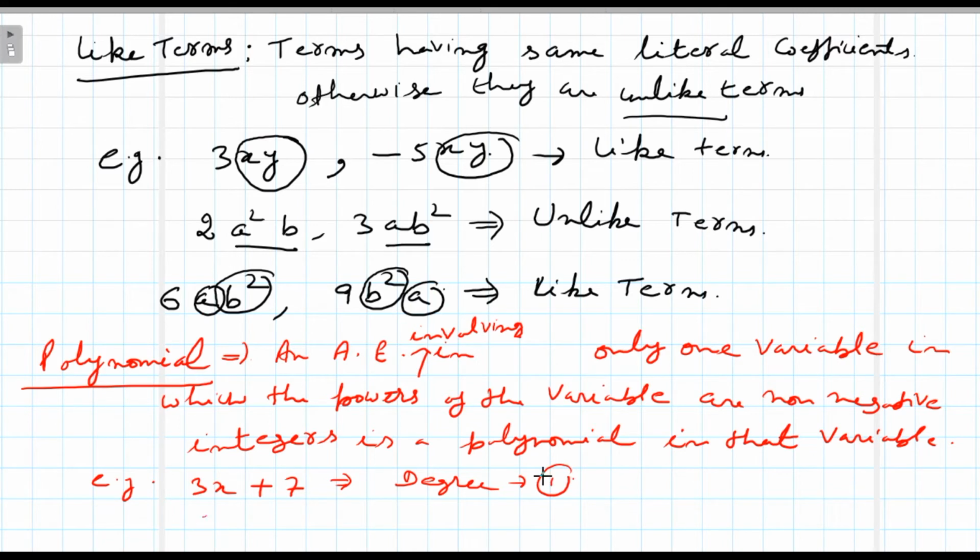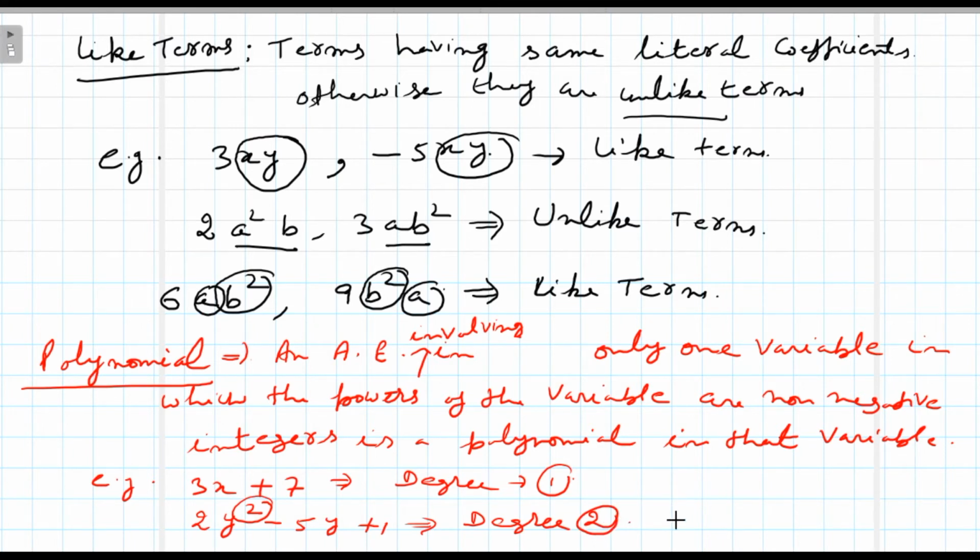If I write another polynomial, 2y square minus 5y plus 1, here the highest power is 2, so its degree would be 2, right?